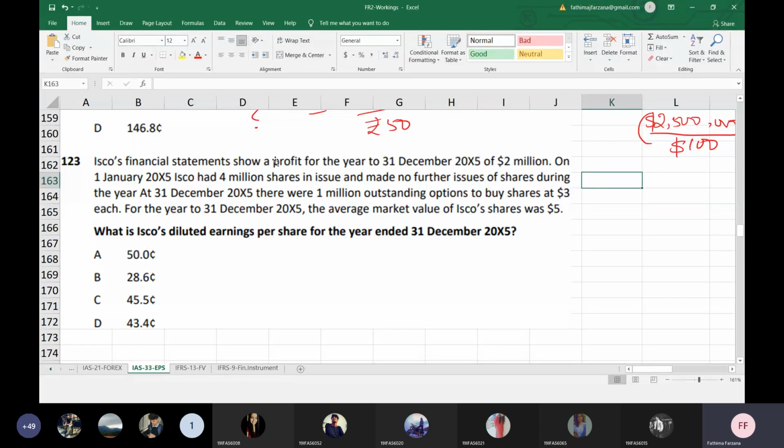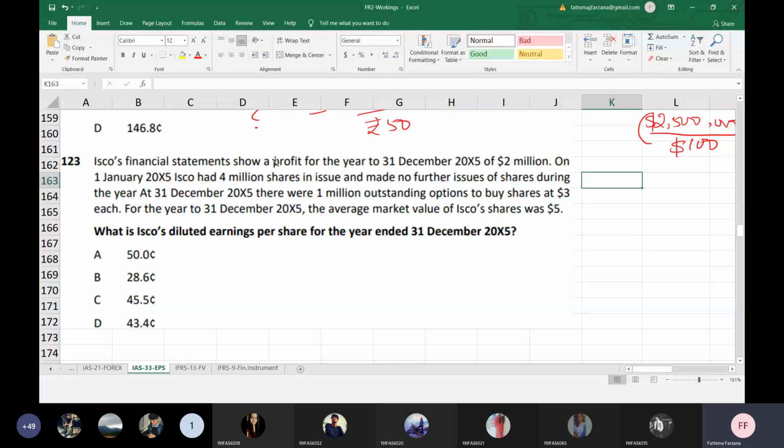On 1st January 2005, ISCO had 4 million shares in issue and made no further issues of shares during the year. At the end of 31st December 2005, there were 1 million outstanding options to buy at $3 for each. For the year 31st December 2005, the average market value of ISCO share is 5. So fair value is 5.